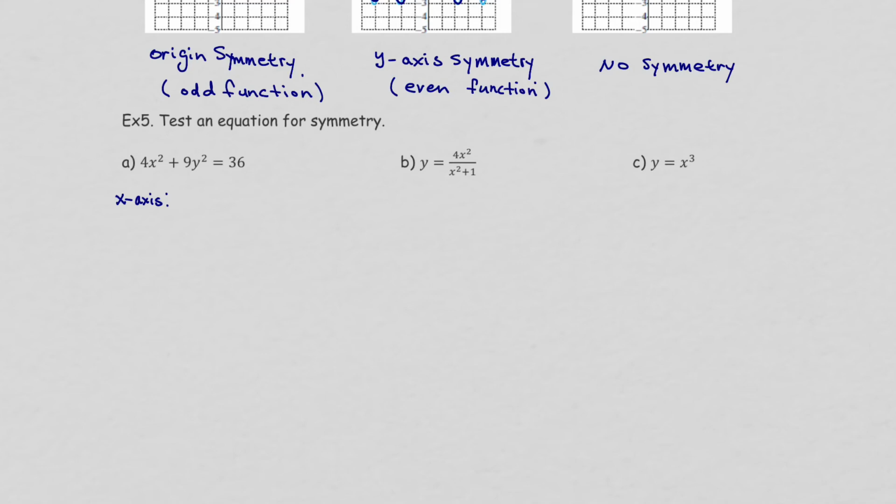So testing it, you're going to have 4x squared plus 9 times negative y squared equals 36. So we're going to replace this y right here with negative y to see if we can get back. If we can get back, it means it's going to be x-axis symmetry.